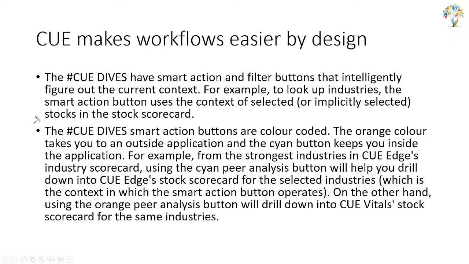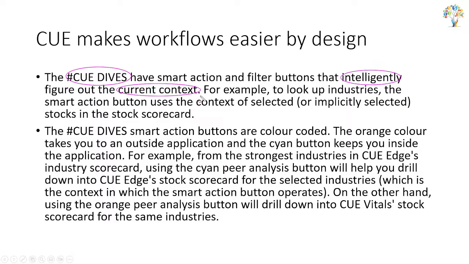Some more notes. Q Dives, that is Diary, Index, Vital, Edge, and Season. These five programs combined together are called Q Dives. They have smart action and filter buttons that intelligently figure out the current context.